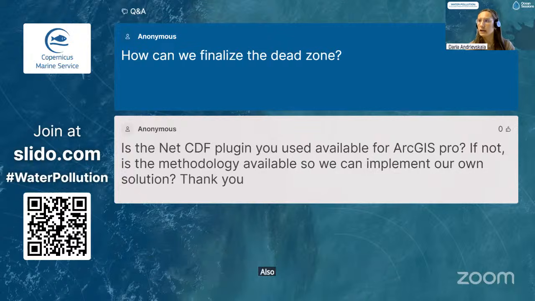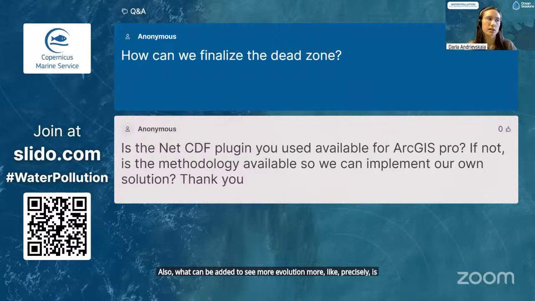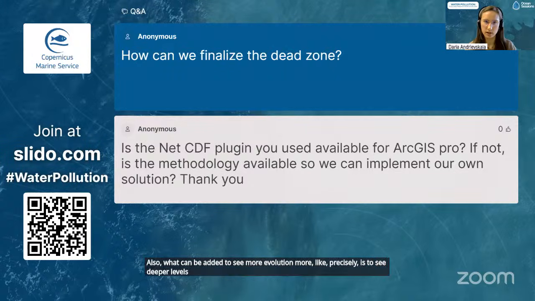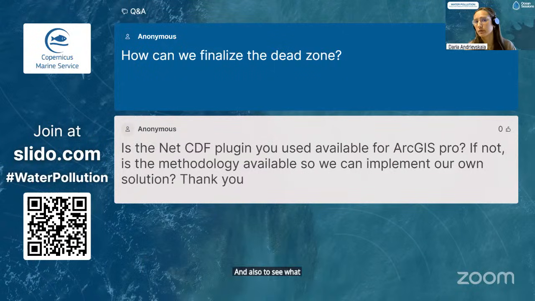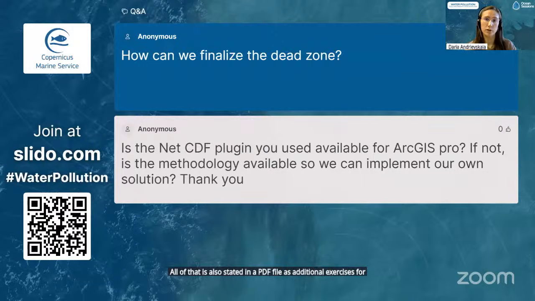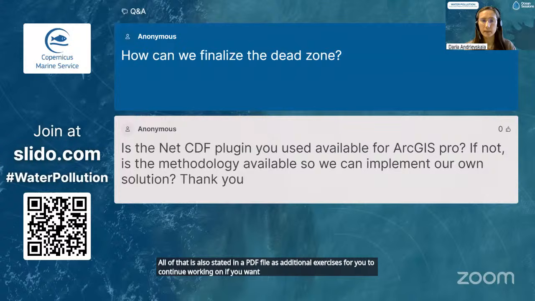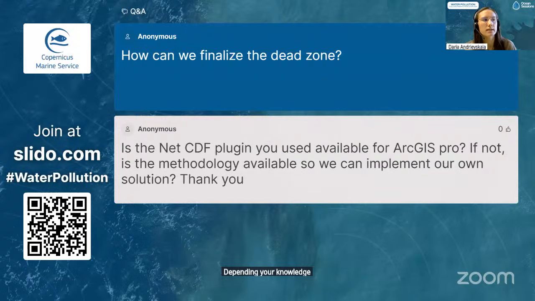Also, to see more evolution more precisely, we can look at deeper levels for oxygen concentration, and also see what's happening in September, for example. All of that is also stated in the PDF file as additional exercises for you to continue working on if you want to deepen your knowledge with the data and QGIS.